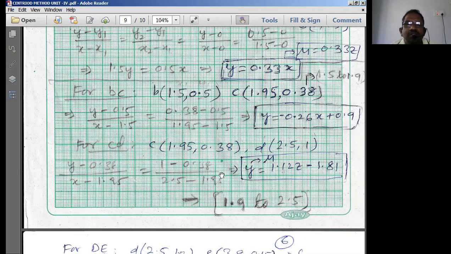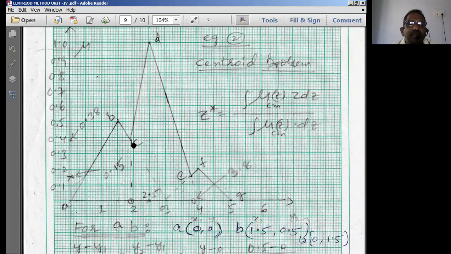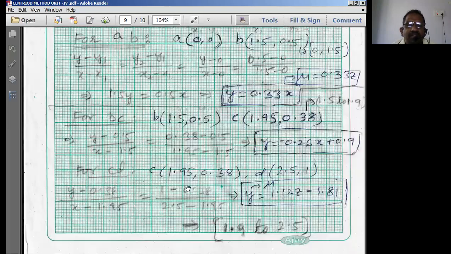By solving this equation, we get y is equal to 1.12z minus 1.81. Therefore I can replace y with mu: mu is equal to 1.12z minus 1.81, over the limits 1.95 to 2.5. CD is extending between these points with respect to the x-axis.